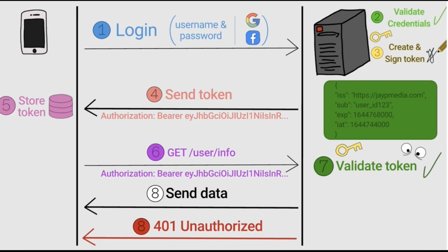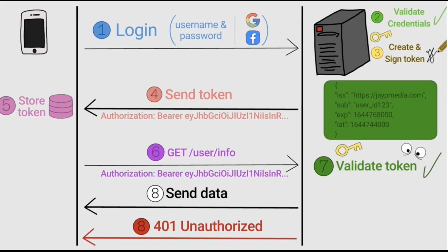One common mistake is accepting tokens from unintended issuers. If your app is configured to accept tokens from https://login.microsoft.com, but someone sends you a token from https://evillogin.com, you'll reject it because the issuer doesn't match. Always validate the issuer.